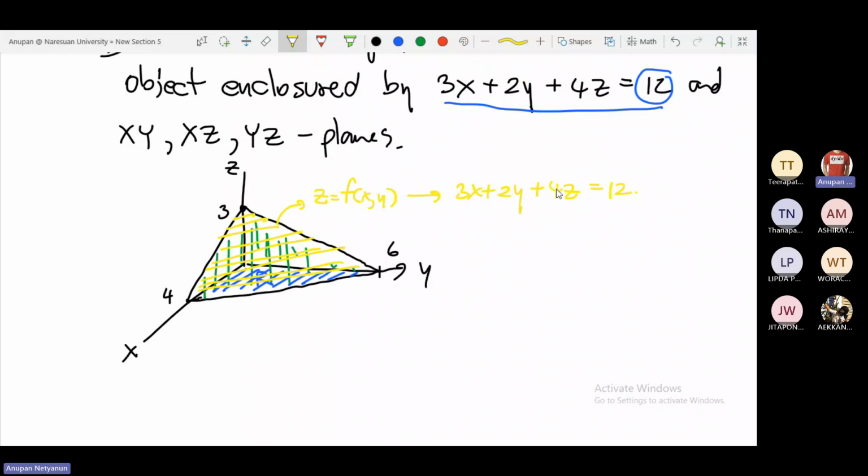So I'm going to move this 2y over here. So I have 4z equal to 12 minus 3x minus 2y. Okay. And then my z is equal to 12 minus 3x minus 2y over 4. Okay.